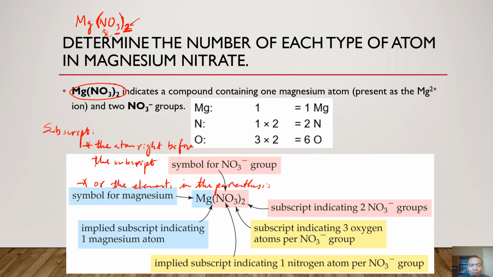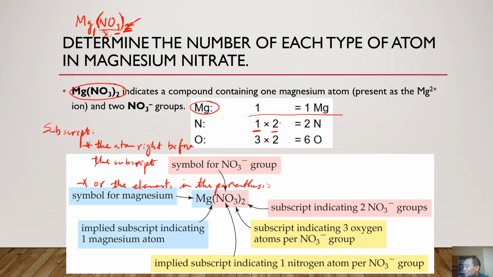So this subscript 2 refers to 2 NO3 units. If we want to count the number of magnesium, magnesium would only have a subscript of 1, which is not written. So that's why you see magnesium counted as 1. Nitrogen, inside the parenthesis, you have NO3, which contains 1 nitrogen, but you do have a subscript 2. So that's why you have 1 nitrogen in NO3, but you have 2 NO3 units.